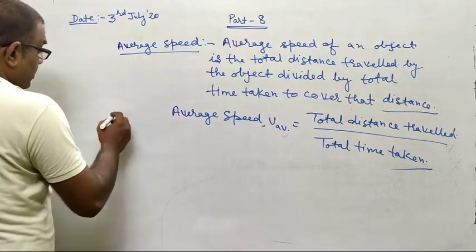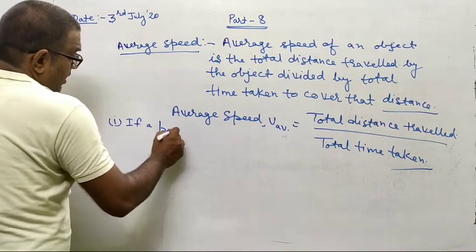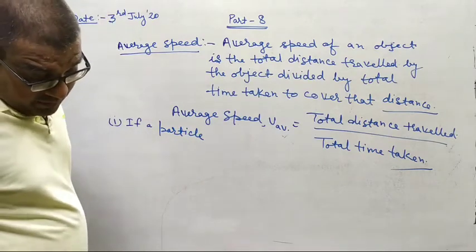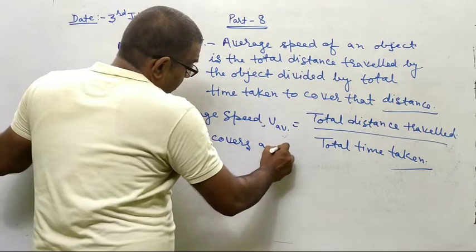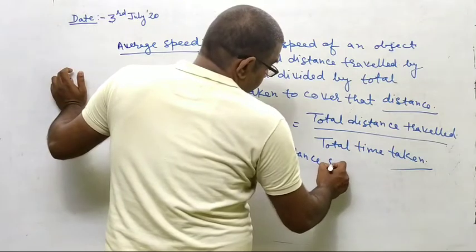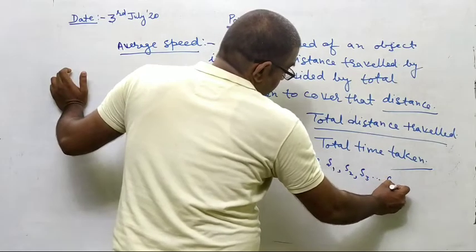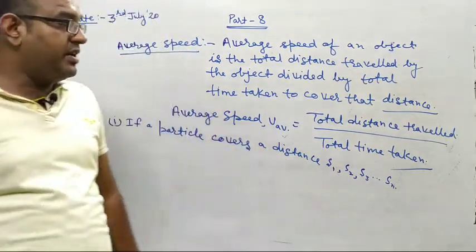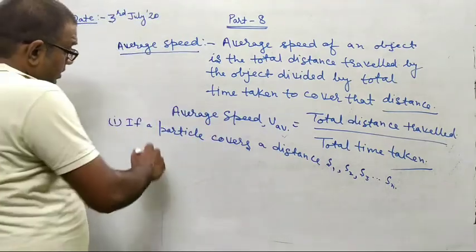Case first: if a particle covers distances s1, s2, s3 up to sn, which are different distances, with speeds v1, v2, v3 up to vn.